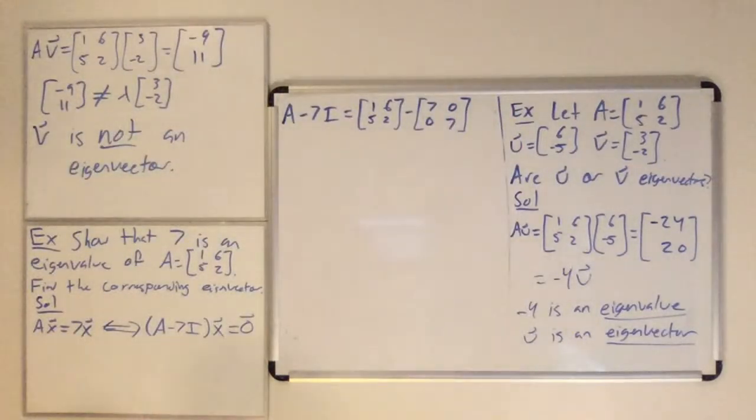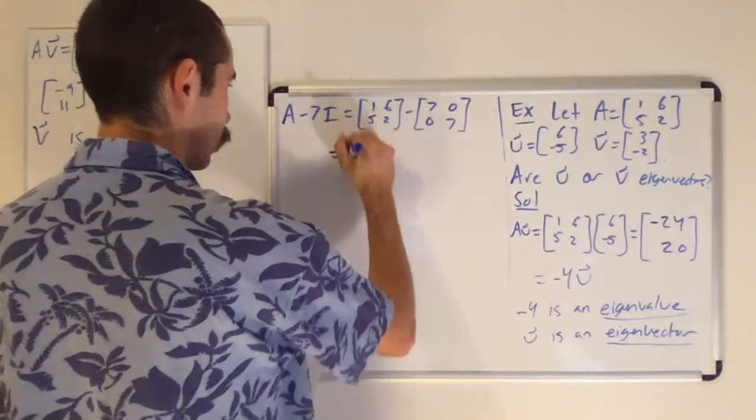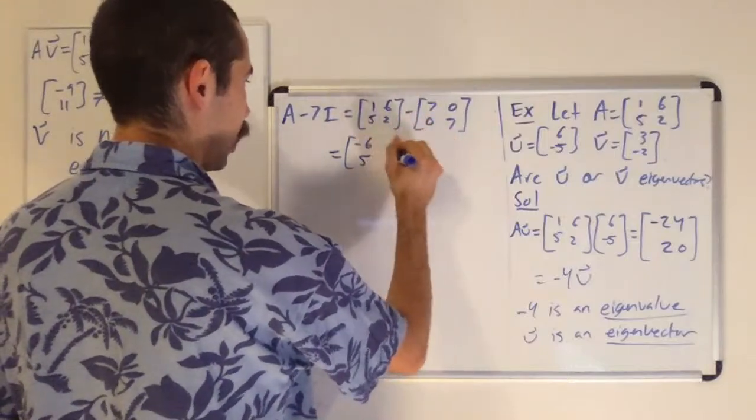Seven I is just 7 times the identity matrix, so it's just 7s down the main diagonal. And so this is the matrix minus 6, 6, 5, minus 5.